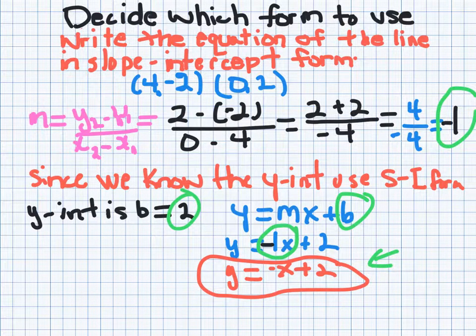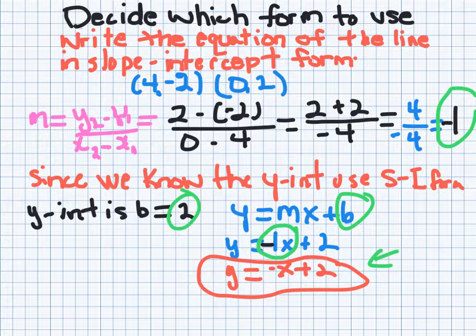And in this case, since we know the y-intercept, because I can see it in the book on page 287, I'm looking at the first example, example 3, and then number A on there. I can look on that line, I see my coordinates 0, 2, and 4, and negative 2. I can see that my y-intercept is crossing at 0, 2, so I know the y-intercept.